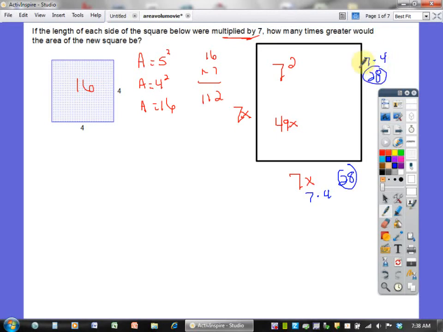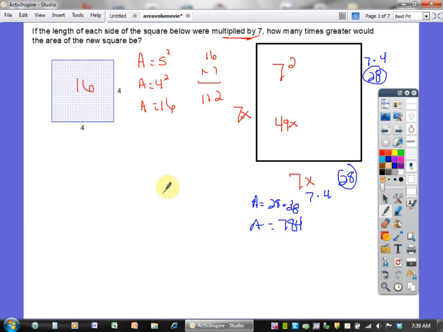And so to find the area of the new square, all we would have to do is multiply 28 times 28 to see that the area is going to be 784.